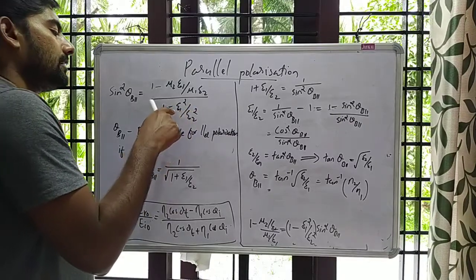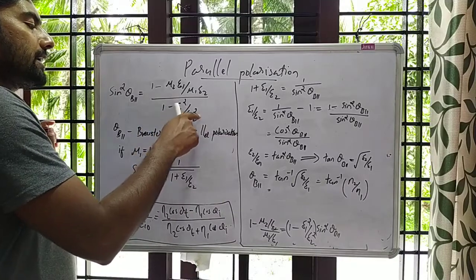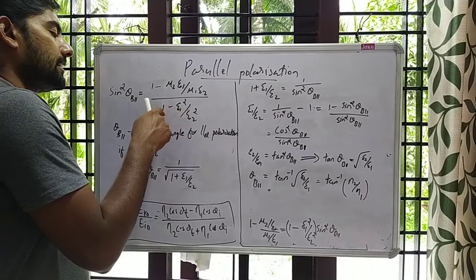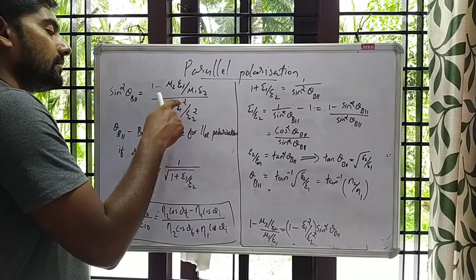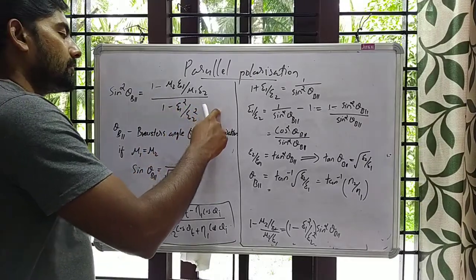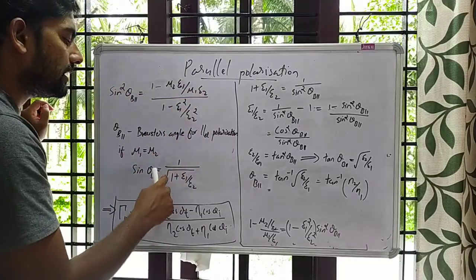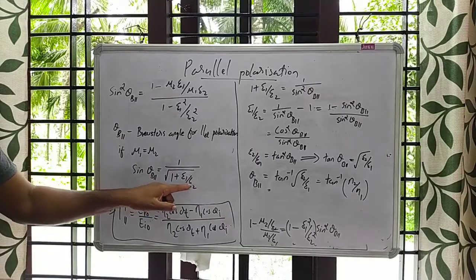This is in the form of a square minus b square, so we can write it as a plus b into a minus b. That means 1 minus epsilon 1 by epsilon 2 into 1 plus epsilon 1 by epsilon 2, and these terms get cancelled, and the remaining term is 1 over 1 plus epsilon 1 by epsilon 2.